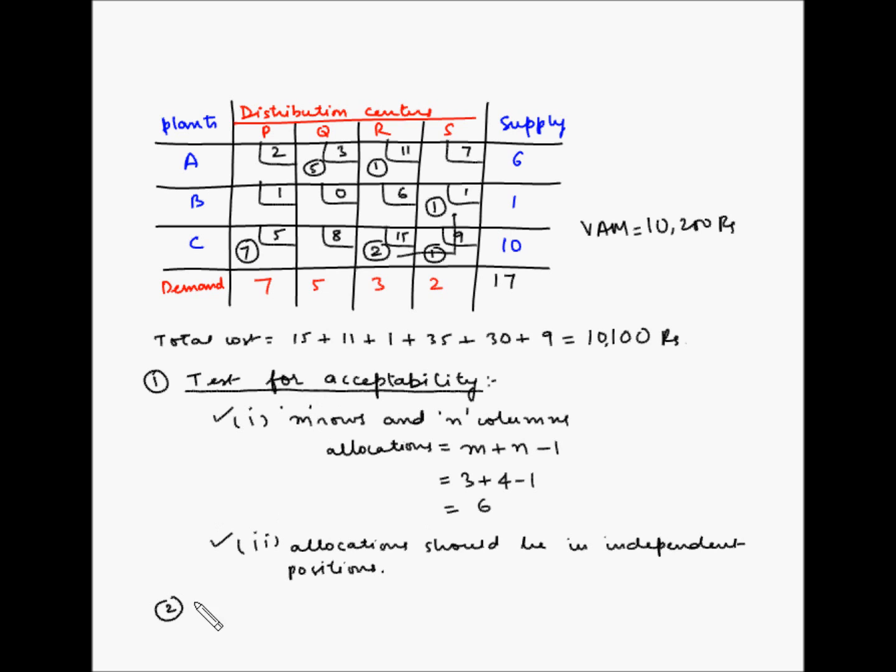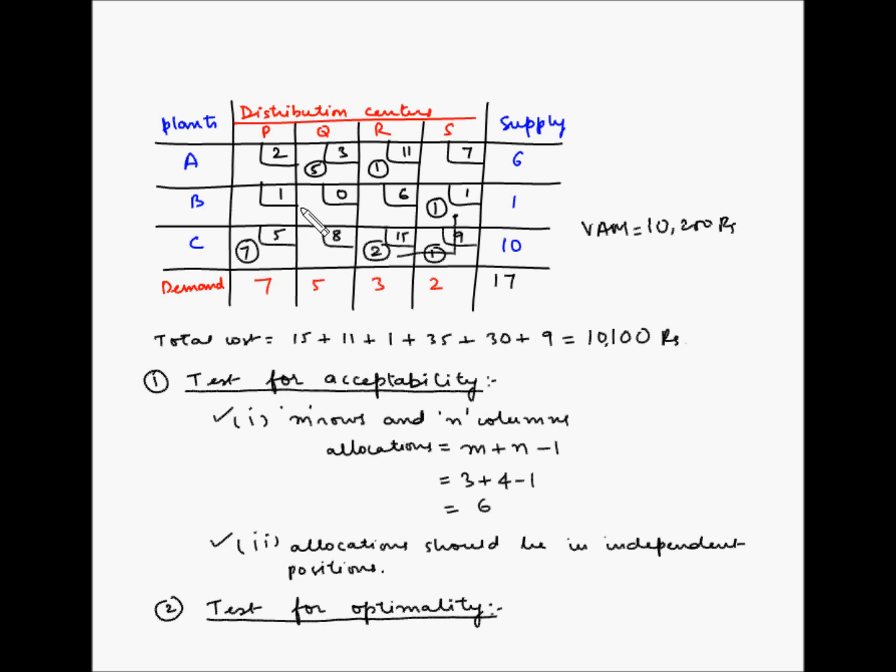So next is test for optimality. Now the first step to test for optimality using the modified distribution method is to set up a cost matrix containing the unit costs associated with the cells for which allocations have been made.